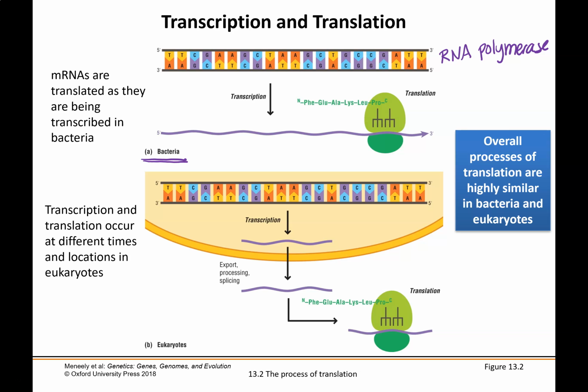Remember, in bacteria, there's no nucleus. And as soon as transcription begins and the messenger RNA begins coming out of the RNA polymerase, the ribosomes, which are the sort of worker proteins that produce the polypeptides, can actually attach almost immediately and begin translating that messenger RNA into a polypeptide.